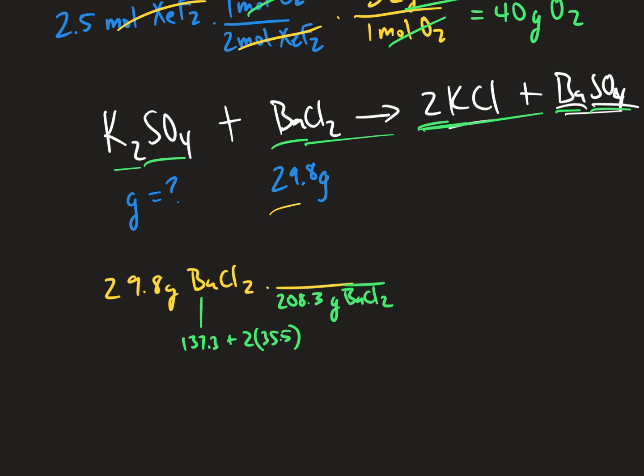What goes on top? How many? Remember, this is 208.3 grams per mole, right? How many moles? Just 1. So that grams of barium chloride go away.